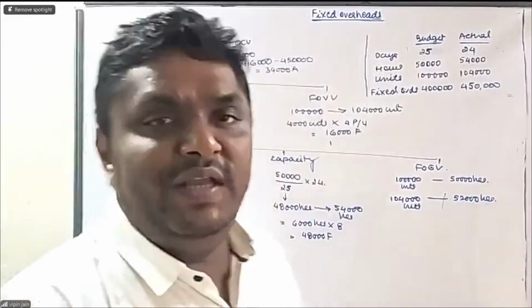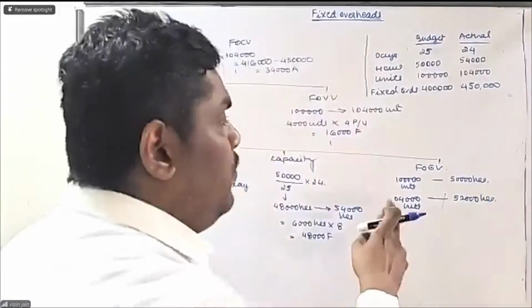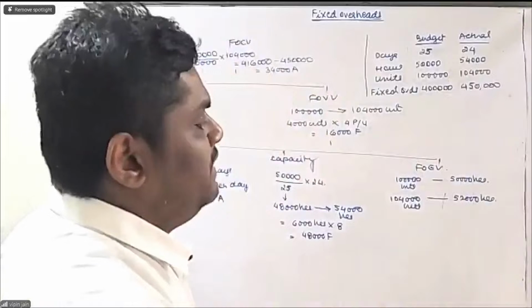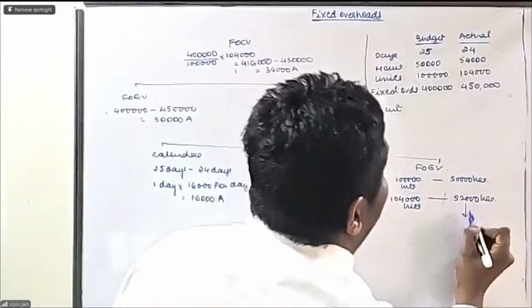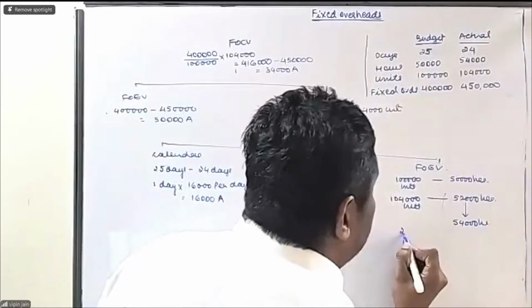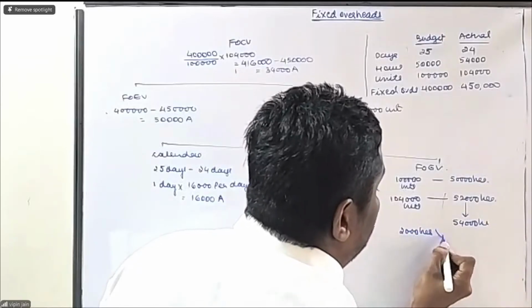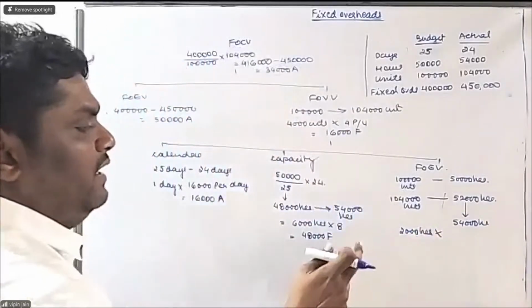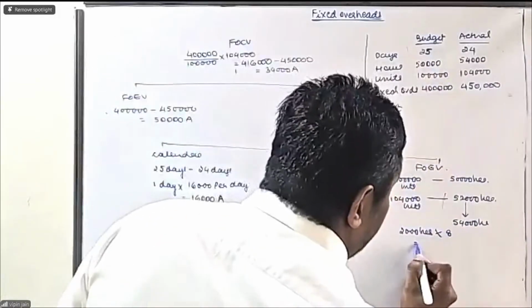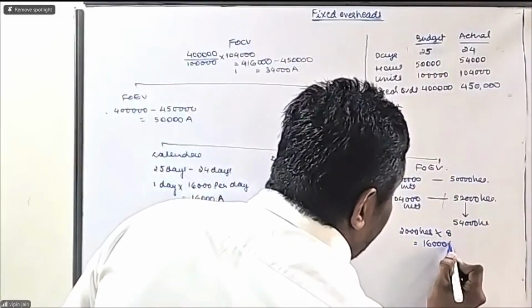But we actually took how many hours? 54,000 hours. That is 2,000 hours extra we took. It is my inefficiency. Into the rate per hour, that is 4 lakh divided by 50,000, that is 8. So this will be 16,000 adverse.